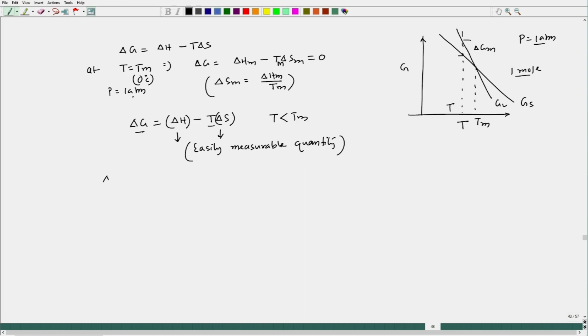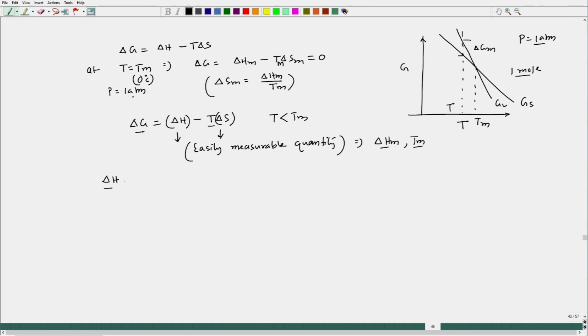So, now let me just find out delta H first, and we will see that these easily measurable quantities are nothing but delta H m and T m. Both can be found out using differential scanning calorimetry.